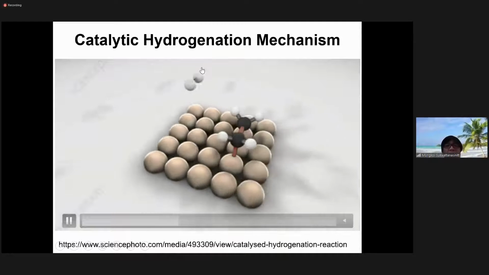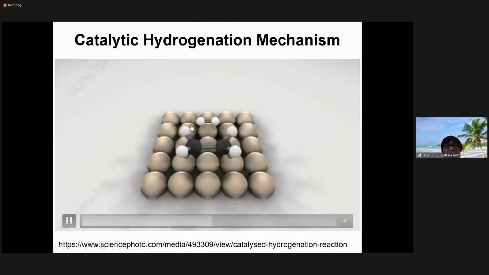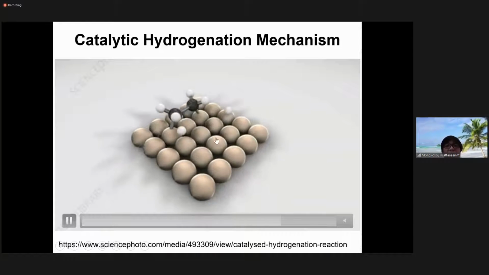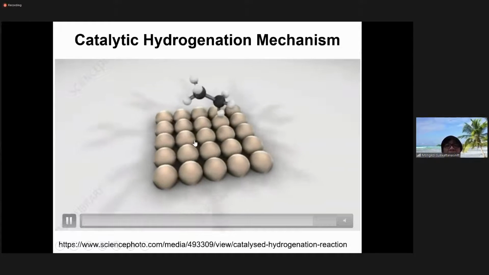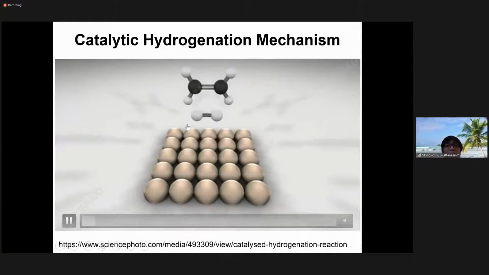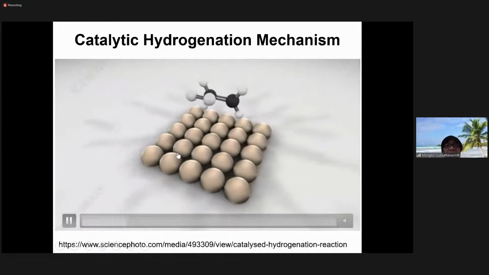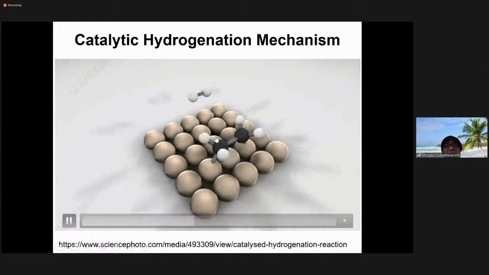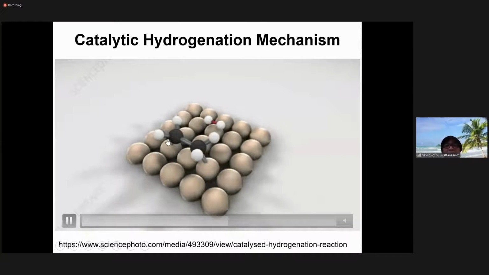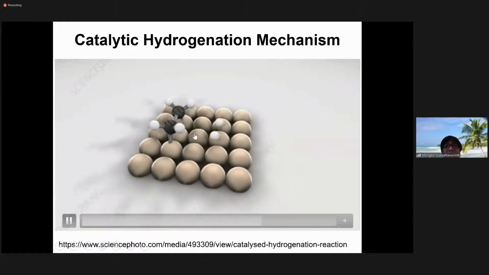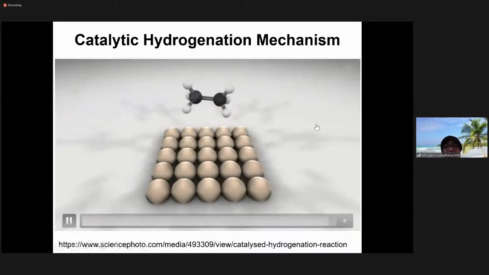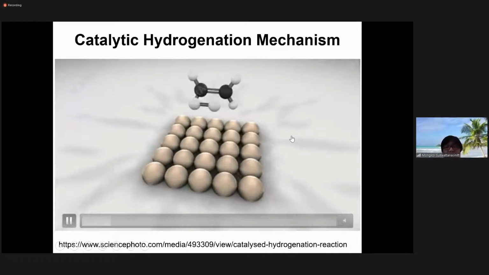The sigma bond of the hydrogen molecule is also broken here, as you can see. And then the hydrogen atoms slide on the surface to add onto the alkene from the same side. So you get the syn addition. Okay, do you get the picture?